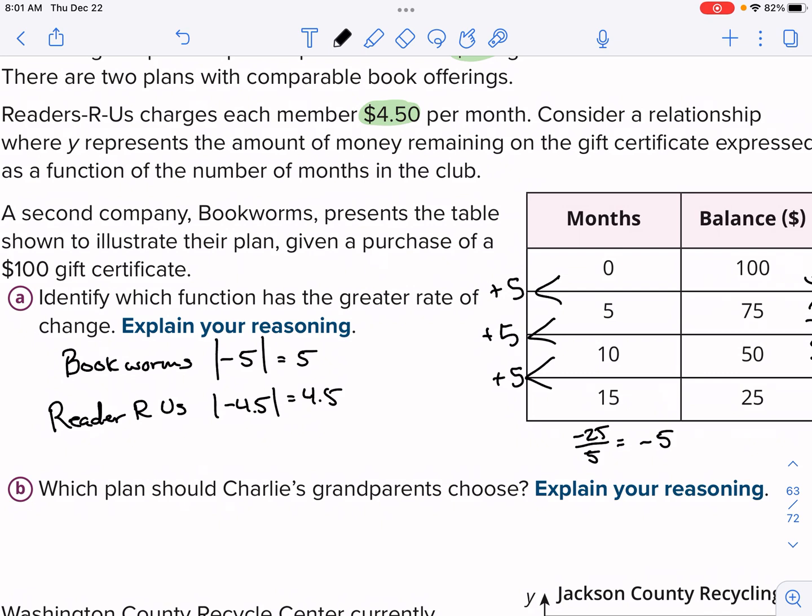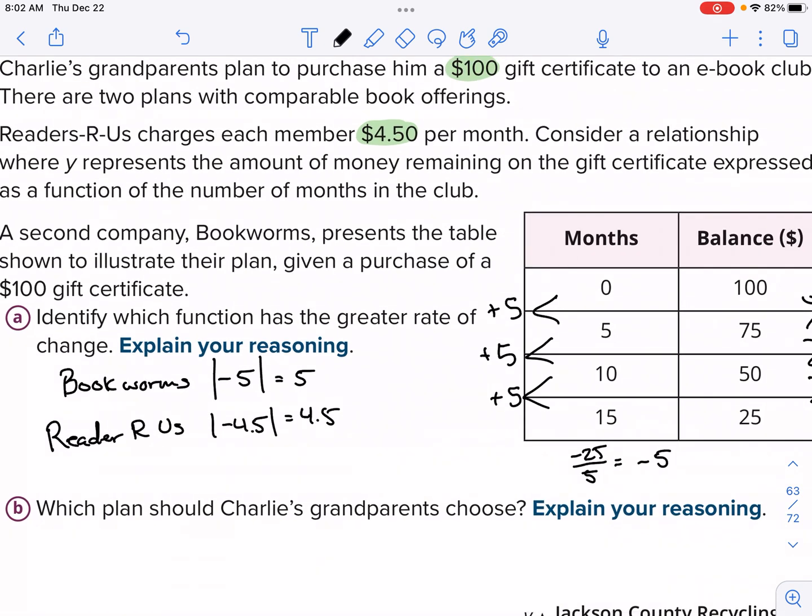All right, so which one has the greater rate of change? Which one's the bigger number, pretty much? That is Bookworms. So we'll just say this has the bigger or larger or greater rate of change, which I'm going to abbreviate as ROC. Okay, all right, good.